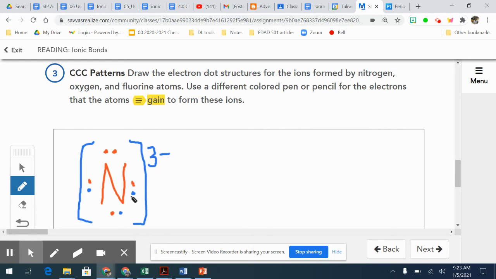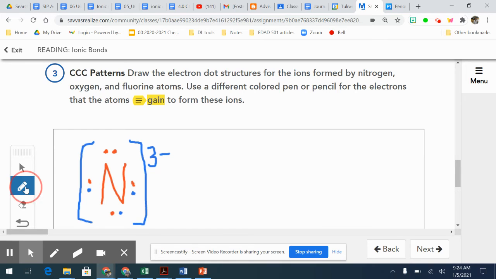Nitrogen has 5 valence electrons typically, and we just added 3 more electrons to it. That means it's going to have 3 more electrons than protons. Now there's an imbalance. That's why that whole thing has a 3 minus charge. I like to put these brackets here just to make it look like it's all together, and it helps later on in chemistry too.